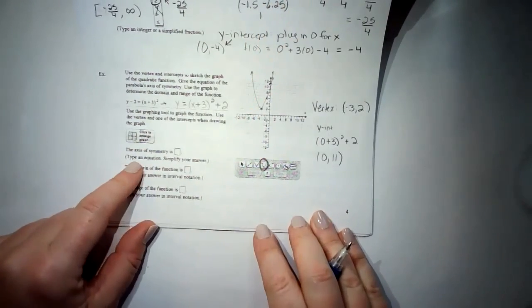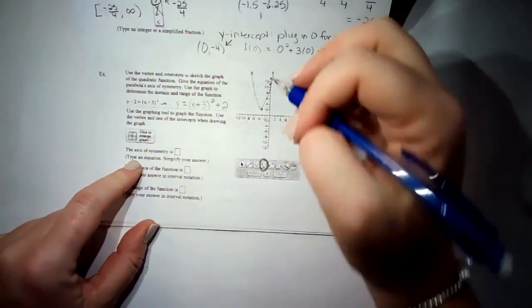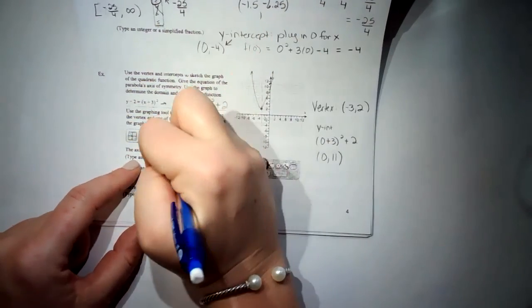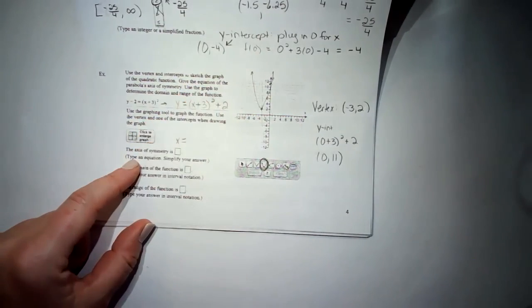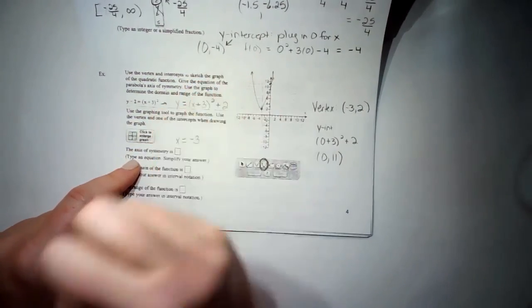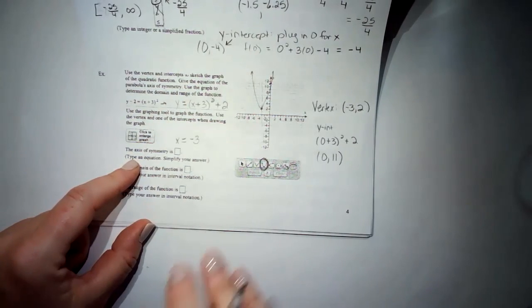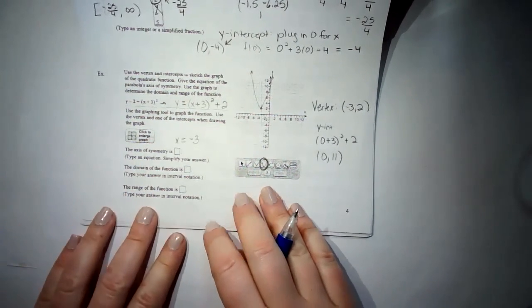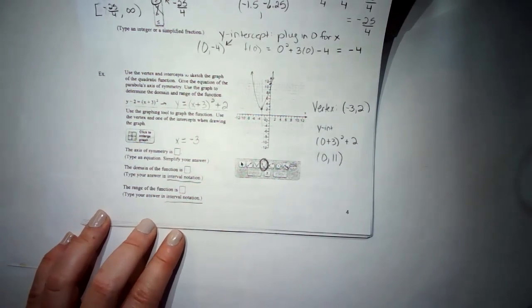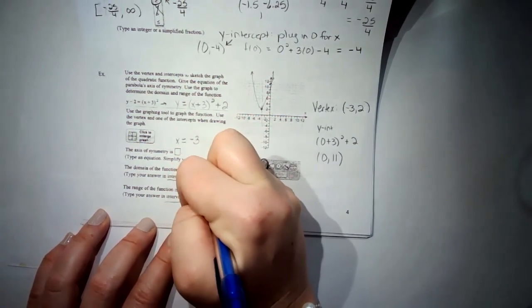Okay? Then if we find the axis of symmetry, remember that's just this imaginary line. Axis of symmetry is x equals h. And what was your h? -3. Okay, now it wants domain and range, but it's back being normal again. So we want interval notation. So we already know the domain.